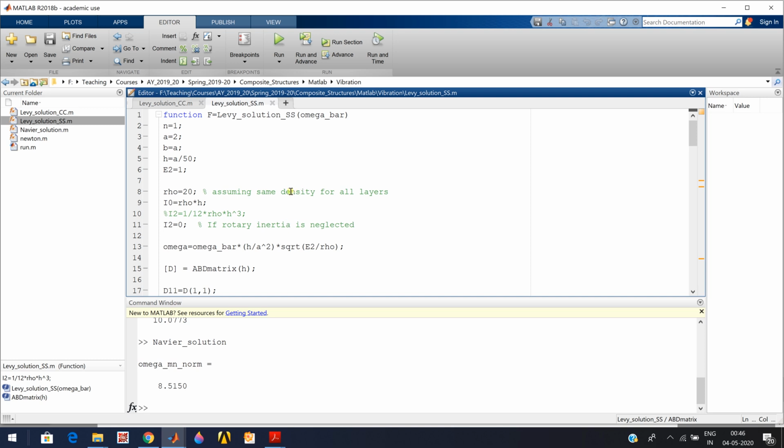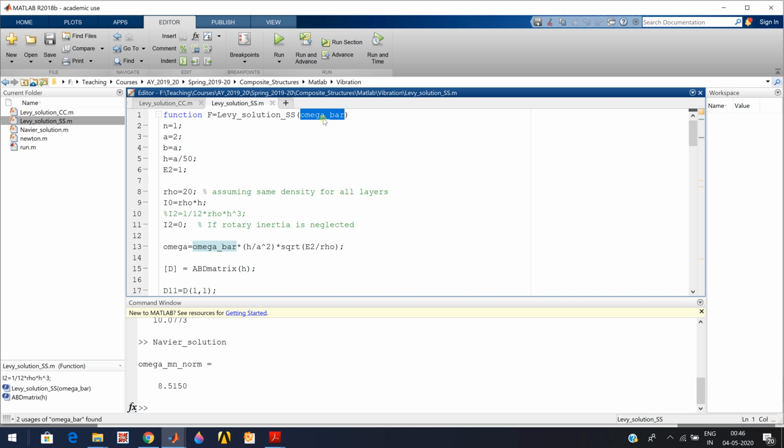So what I have done here is I have used the Newton-Raphson method. For that you just have to give an initial guess value, and then around that value it will find the root, and it will give the corresponding frequency. So we'll actually give the guess value of the omega bar, which is included here, and then it will find the actual omega bar, which is satisfying that characteristic equation.